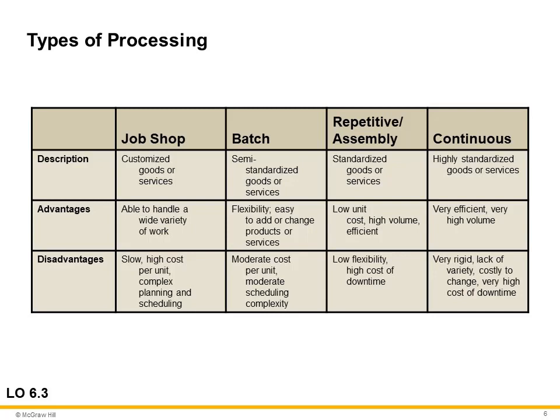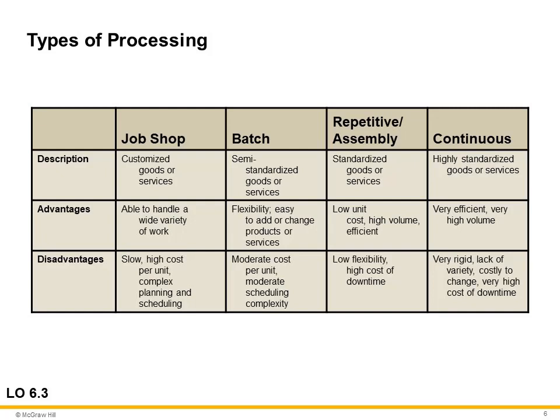Here in this table, we have a short description for each one, with advantages and disadvantages. For example, in job shop, we don't have standardized goods or services. Your products are customized based on the station that you're working on.